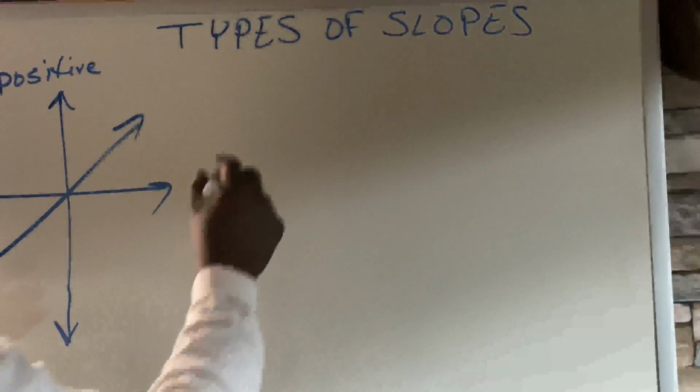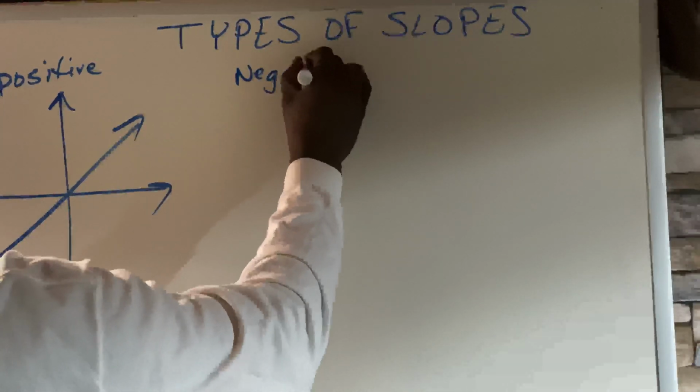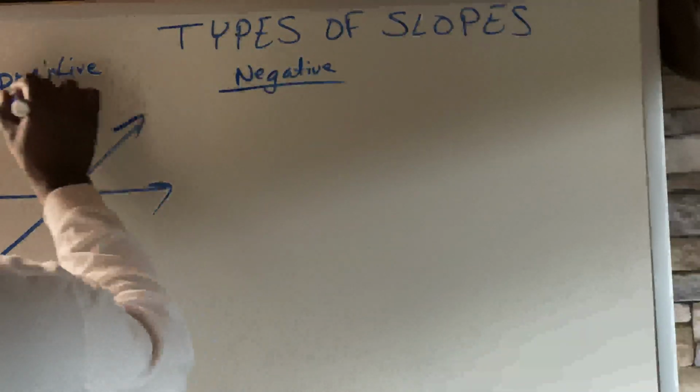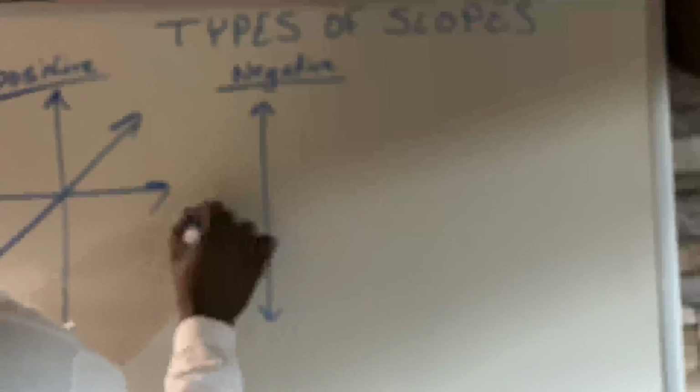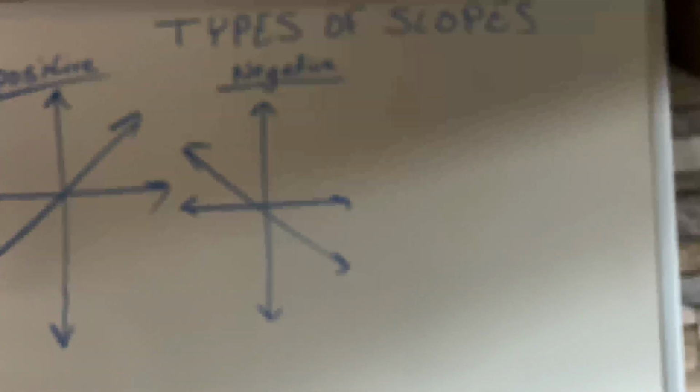A negative slope, if we were working from left to right, would be downward.